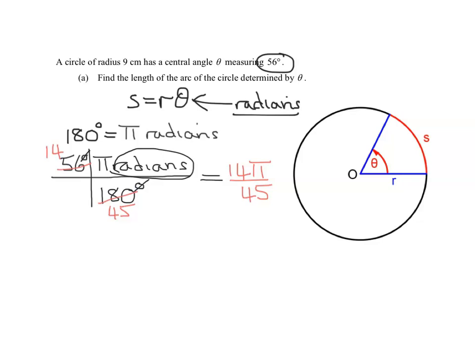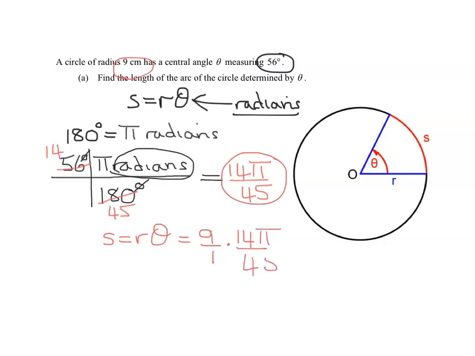Now all I have to do is use my formula, S equals R theta. Well, R, if you remember, is up here. R was 9 centimeters, so it's 9 over 1, times my angle theta, but remember we must use it in radians, 14 pi over 45. Now, does anything reduce?